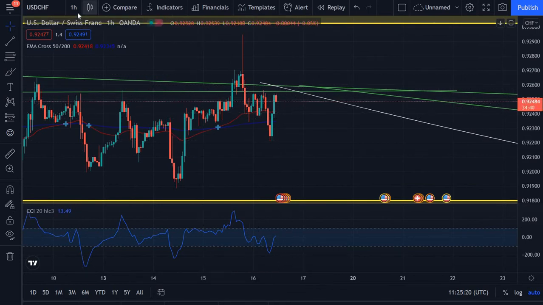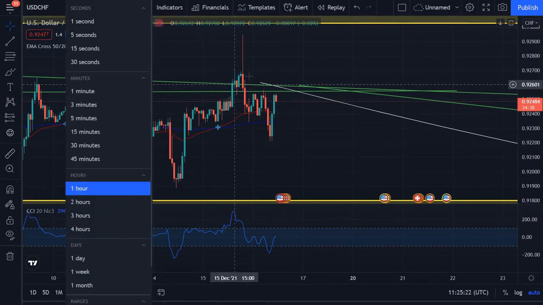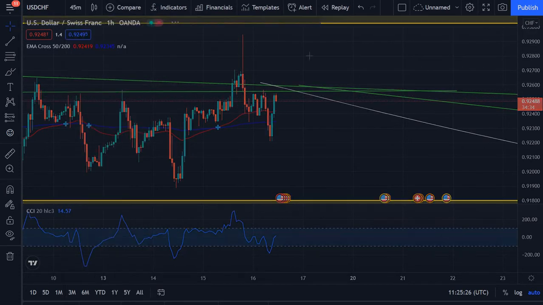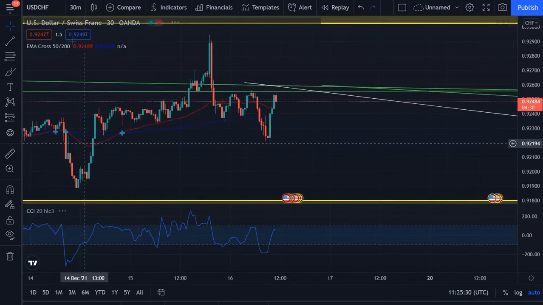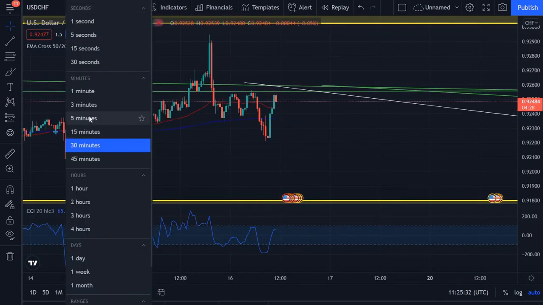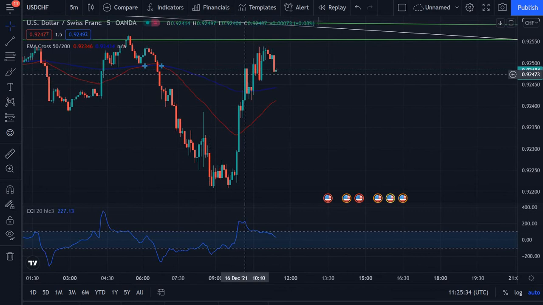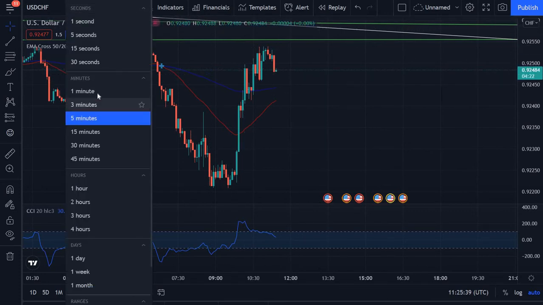On the 1-hour chart, not that much going on here. We saw this breakout but then the rejection. Here it looks like we will still continue to go higher on the 5-minute chart.